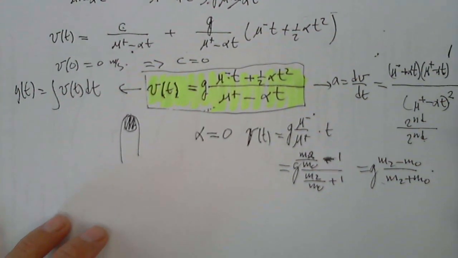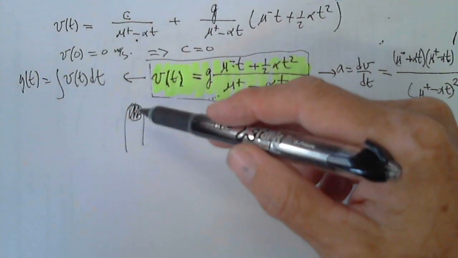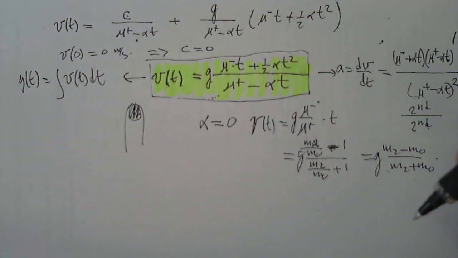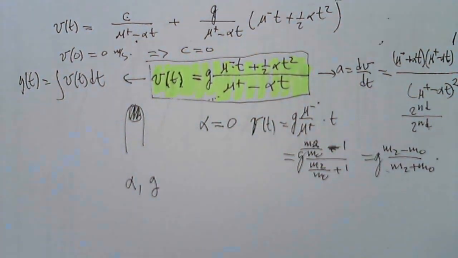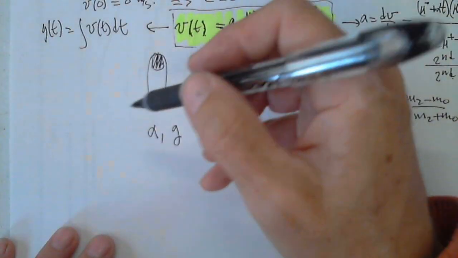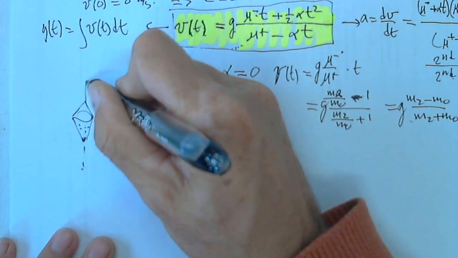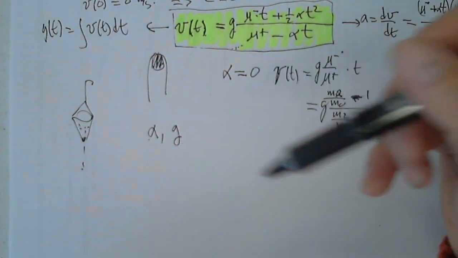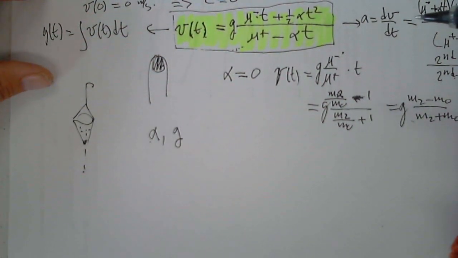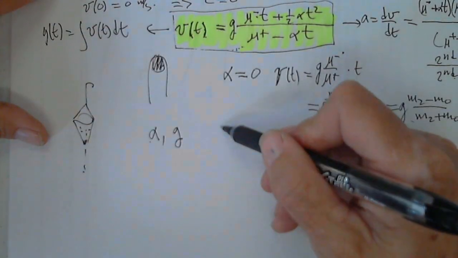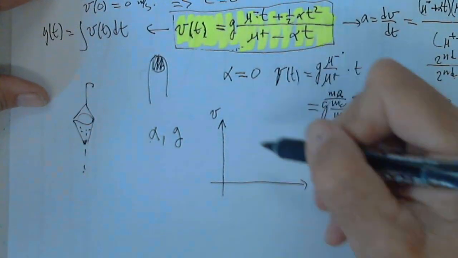So how to test this is right. Let's say I don't change the masses for simplicity, and I repeat the measurements as many times as I want. Then my constants are alpha and g. But alpha, I know it when I put the cone with the force sensor. So we know what alpha is, we know what g is. So what I would do in this graph is to get the experimental measurements of the velocity.